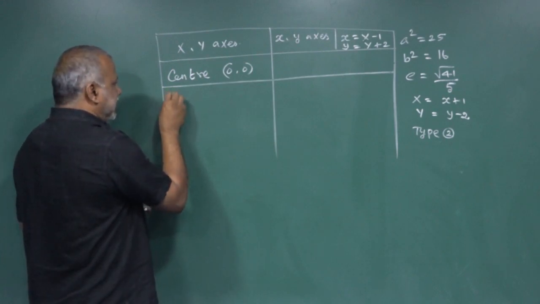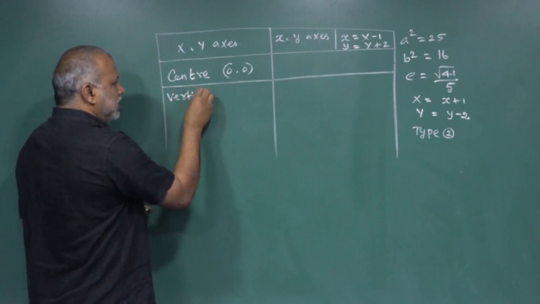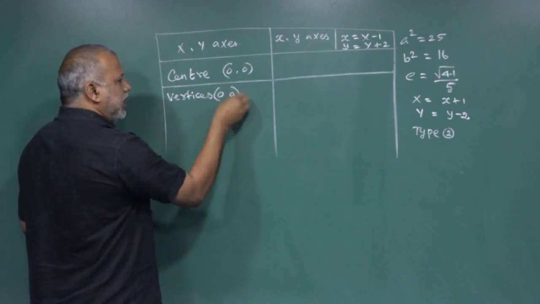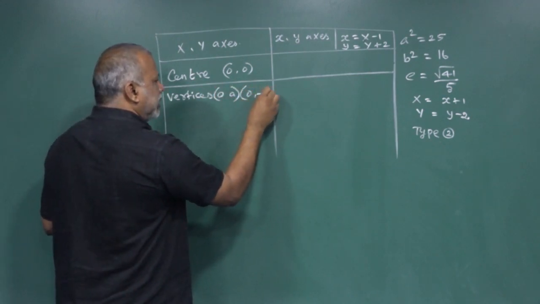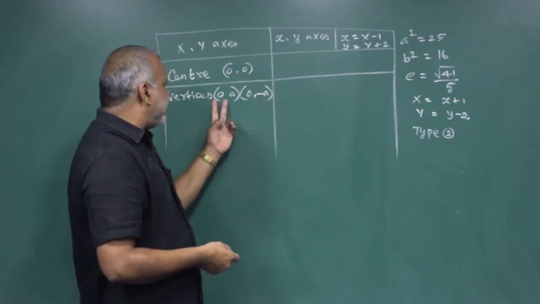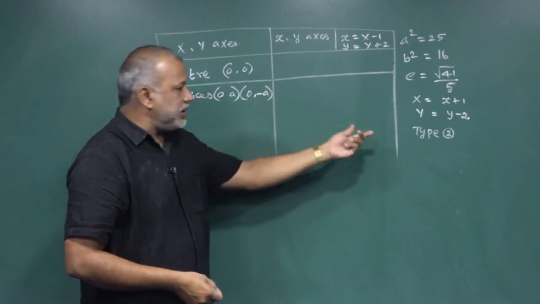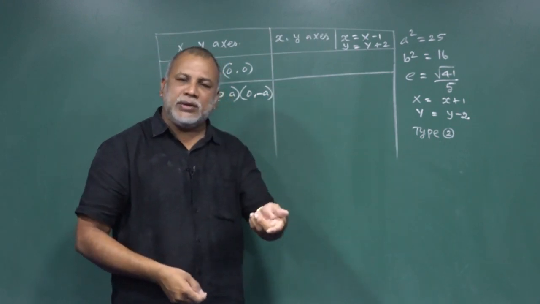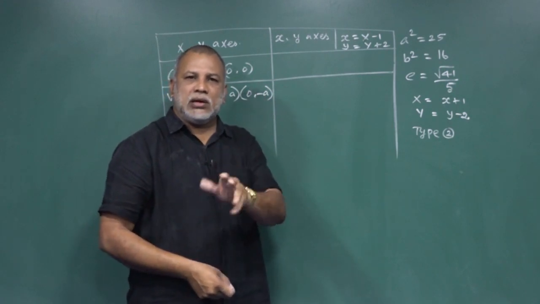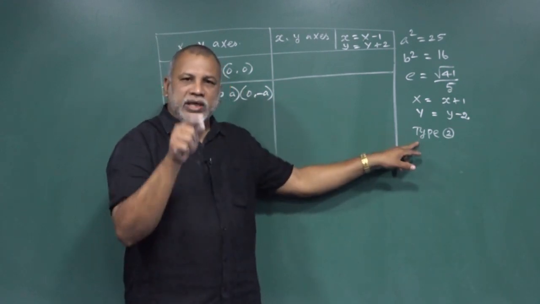Now the second result is vertices. The formula to find the vertices here is (0, a) and (0, minus a). Listen carefully. For type number 1, it is (a, 0) and (minus a, 0). Now it is type number 2. The meaning of type number 2 is that the transverse axis is along the y-axis. So all the points are with reference to the y-axis.